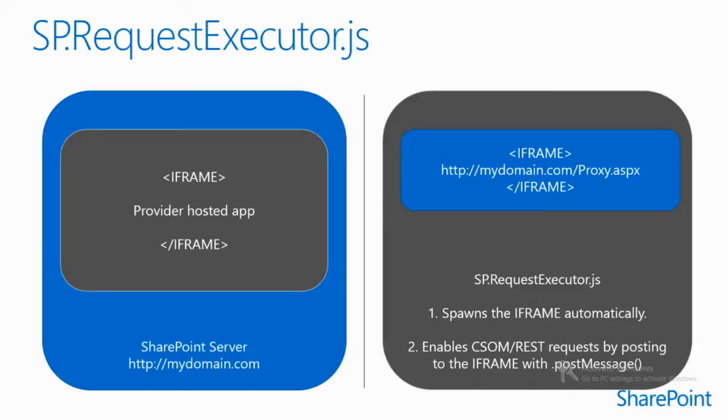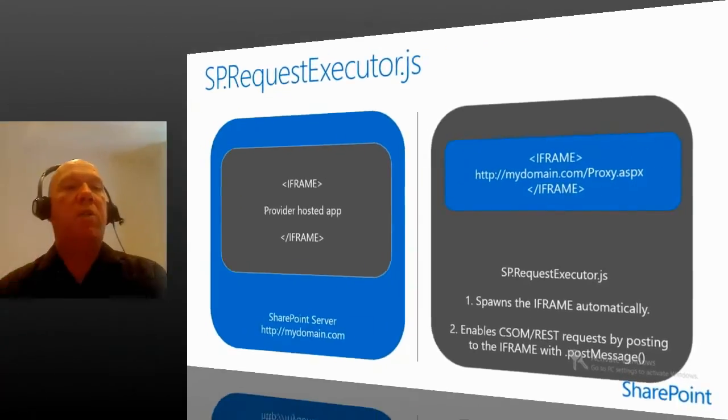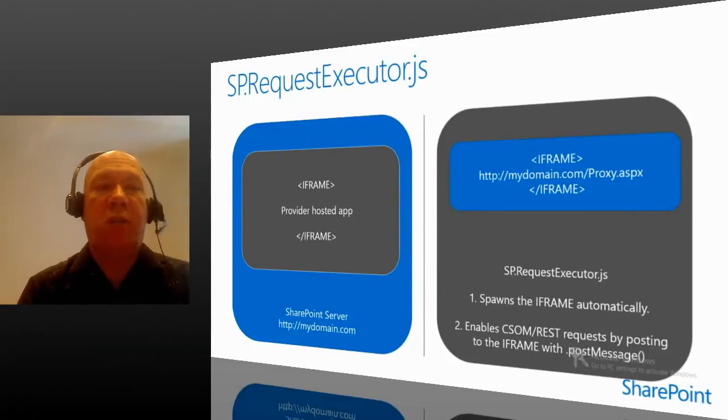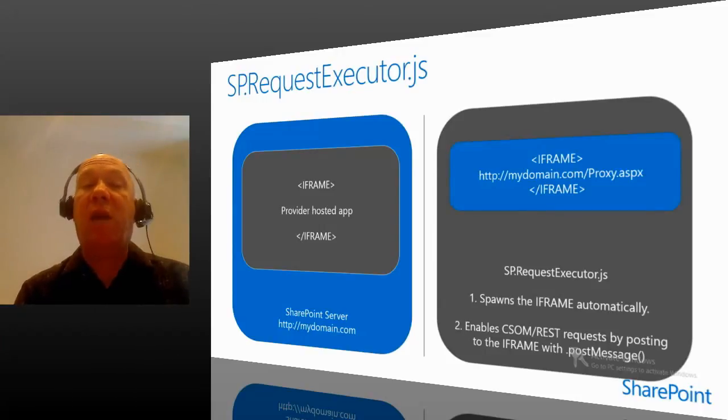For you to be able to talk from your application back to the SharePoint server, you load a script called sprequestexecutor.js. What that script is going to do is create on your page a hidden iframe, and it's going to load up into that iframe a page from the SharePoint server.